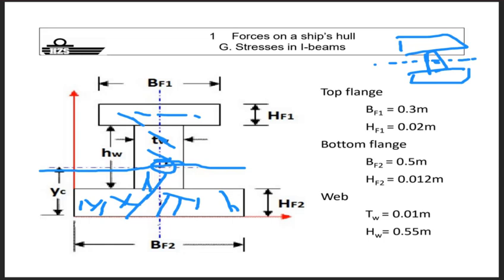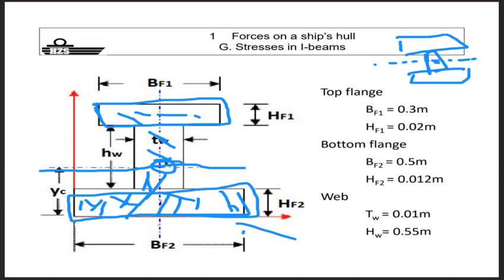Why? Because you have your double bottom, which is similar to this one, your lower flange. There's much more material in the double bottom than in your upper or your weather deck. And that's why your neutral axis of a ship is always a bit lower than mid-height.